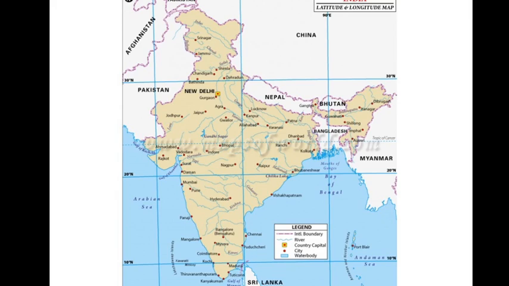So for a phytogeographer, political divisions are not important. We have 28 plus 8, 36 total political divisions. But for a phytogeographer, it is not important. A phytogeographer will classify the plants based on the type of flora he or she records from those areas.